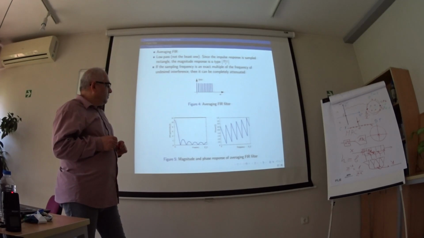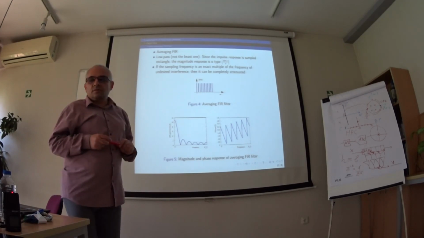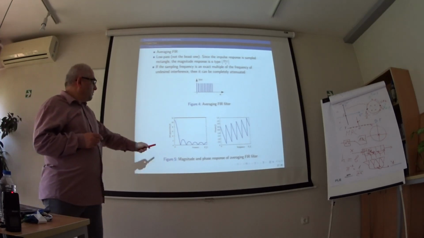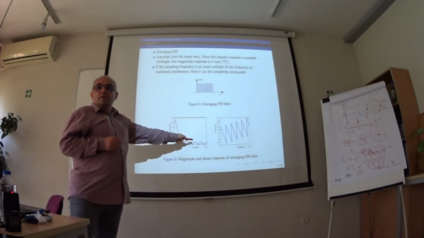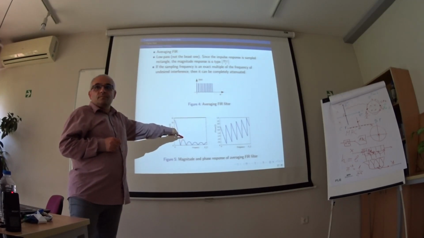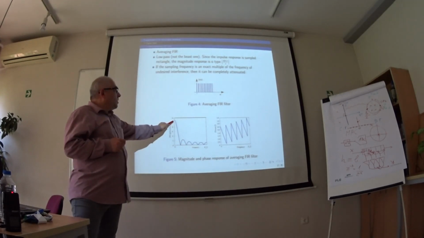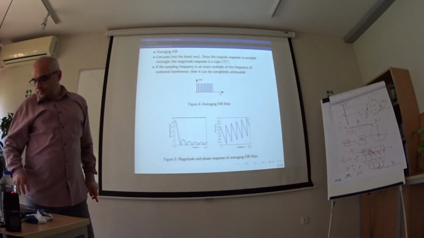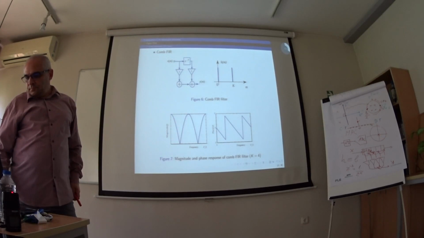So we know the average is low pass filtering. We have a low pass filter here. This is the magnitude response. Not the best one, but still low pass.